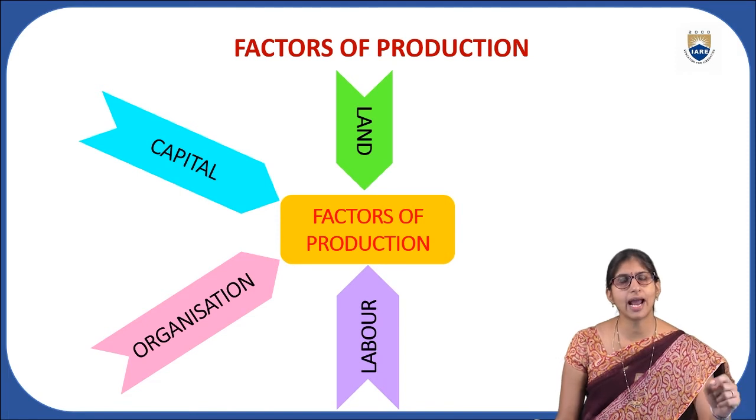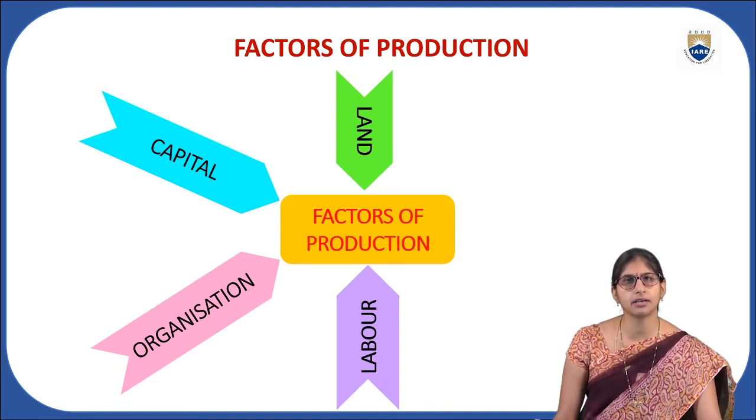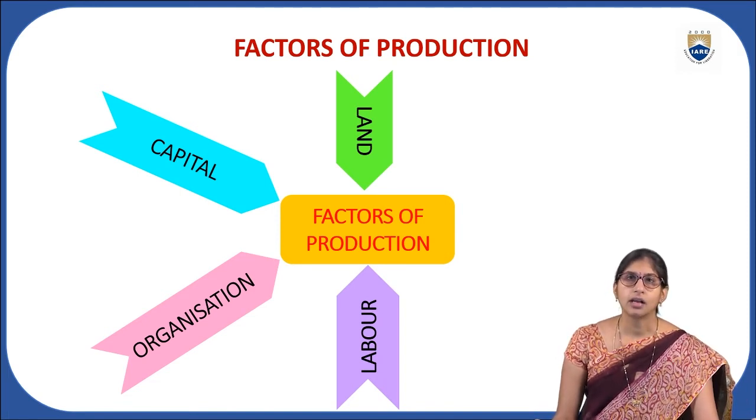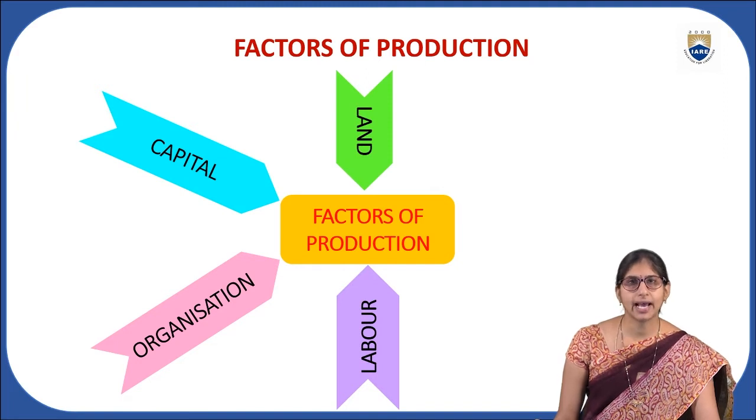So land becomes very important in agriculture. Whereas, do we require more land in a software industry? No. We require capital and organization, which is more significant in a software industry.